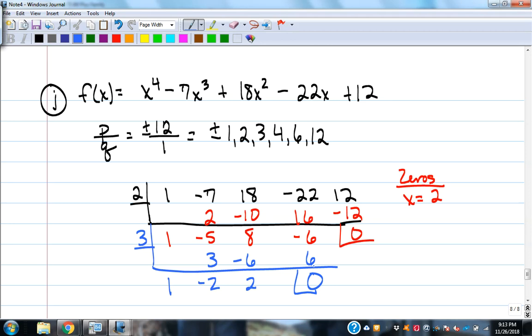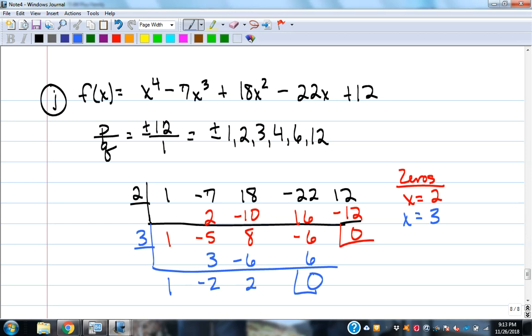And there I get that 0 in the remainder spot, so I know that x equals 3 is also a 0 to this polynomial. Now, did it cross the x-axis any other places? No. Those are the only 2 places it crossed the x-axis.